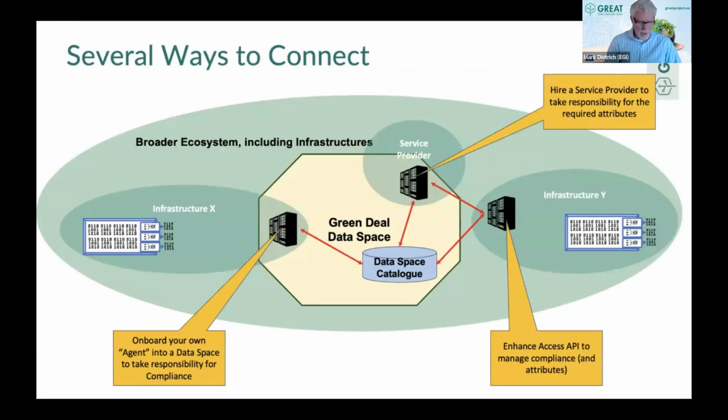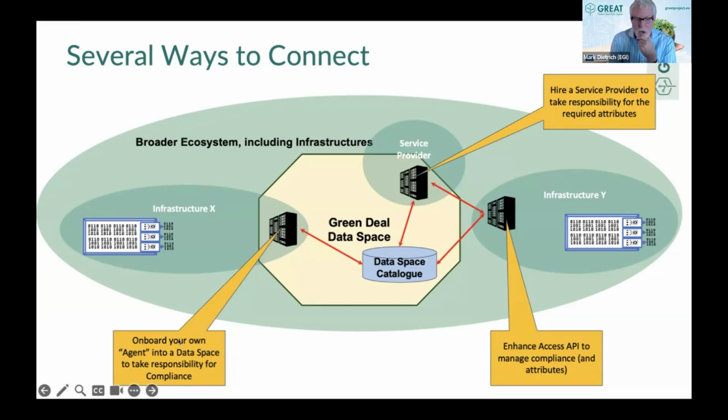So how might we solve these problems? I'm drawing some pictures that might be options, and Joan and I can probably spend an hour on these alone, but for the rest of you, you can imagine. First we have this broader ecosystem, including a variety of infrastructures. Let's say infrastructure X, that could be Iliad.